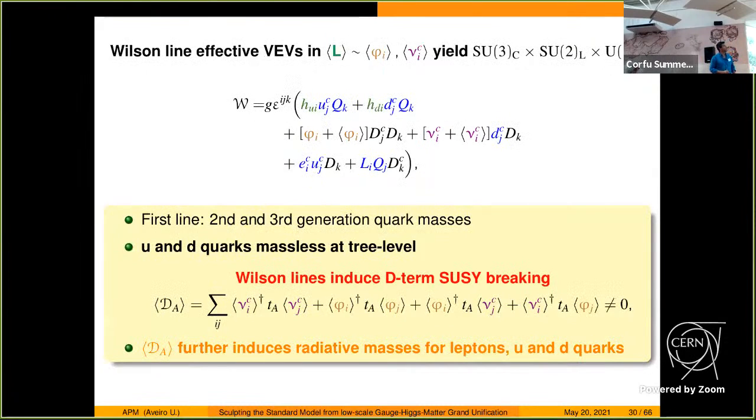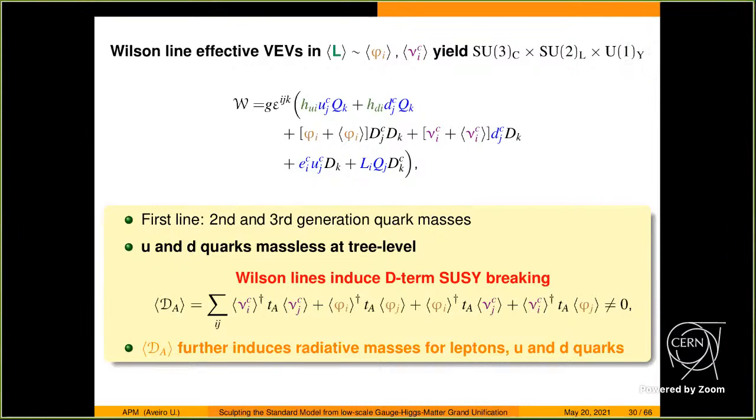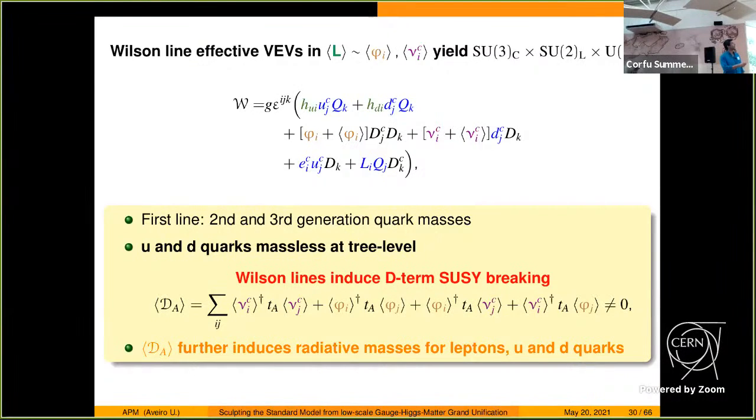And the superpotential of this model looks like this, written in terms of standard model representations. And here in the first line, these green ones are the Higgs doublets, and we have 6 of them, 3 of each.